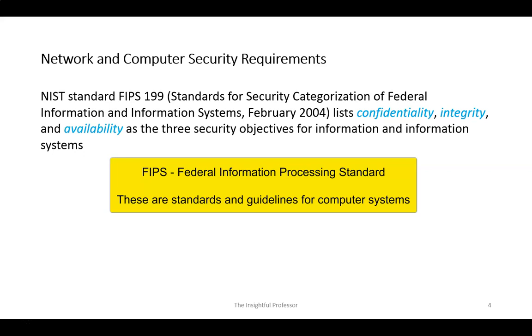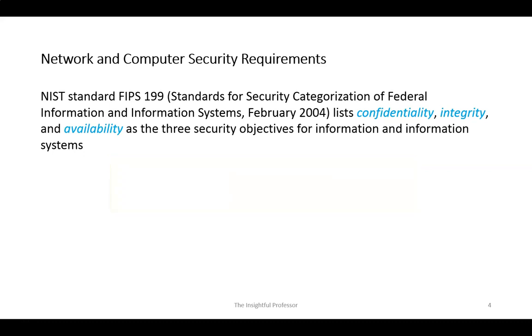Although FIPS are developed for use by the federal government, many in the private sector voluntarily use these standards. The NIST standard FIPS 199, the Standards for Security Categorization of Federal Information and Information Systems, lists confidentiality, integrity, and availability as the three security objectives for information and information systems.